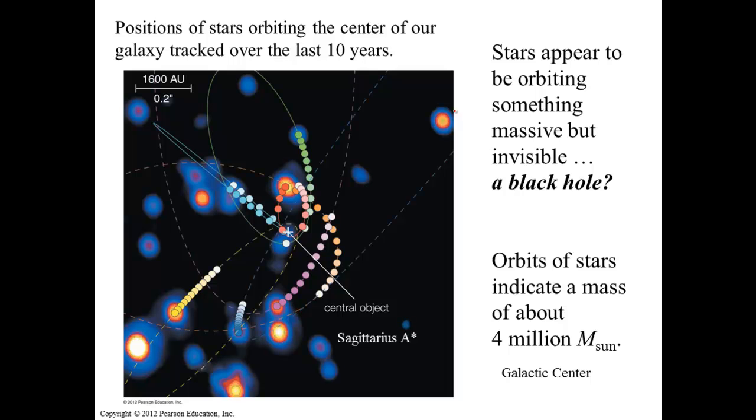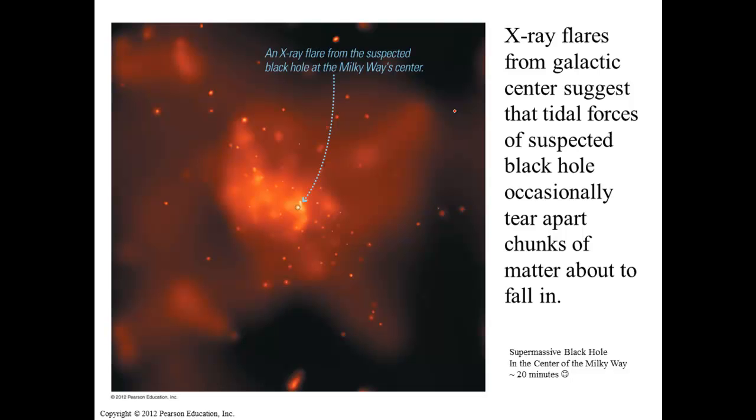They knew that by watching stars orbit that object. They know the mass by watching stars orbit it, and they know its area because they get images of it. So that 4 million solar masses is crammed into this small area. Going back to white dwarf, neutron star, black hole: neutron degeneracy cannot support the matter being crammed into that small space. So it's a density thing.